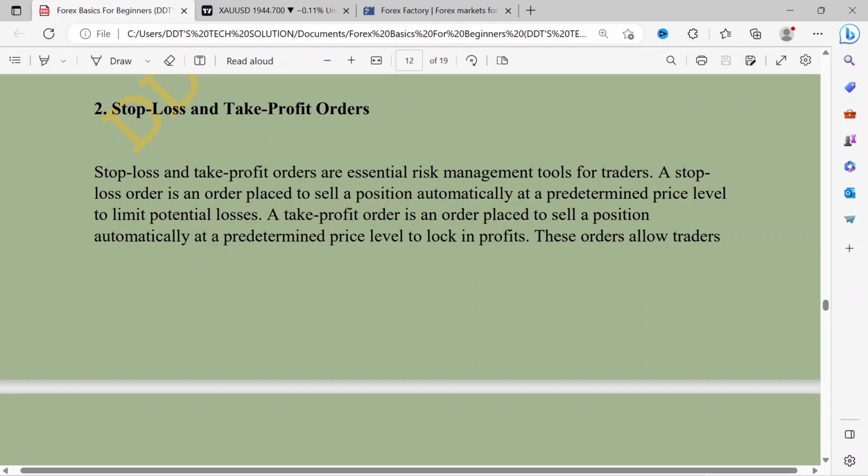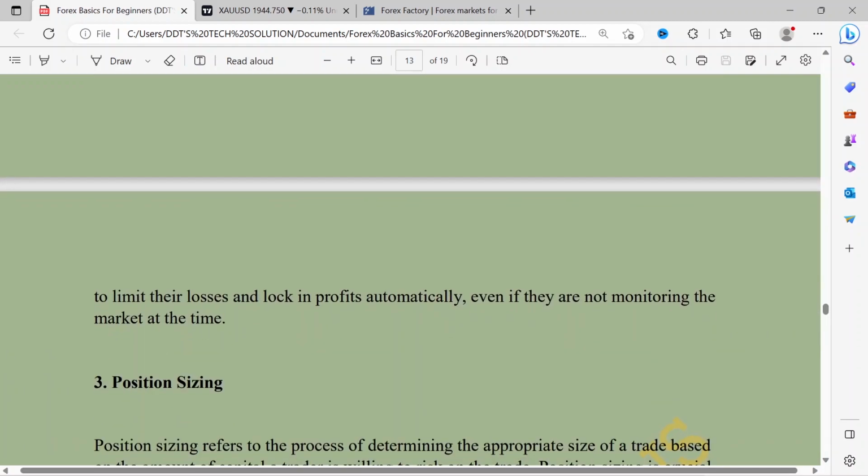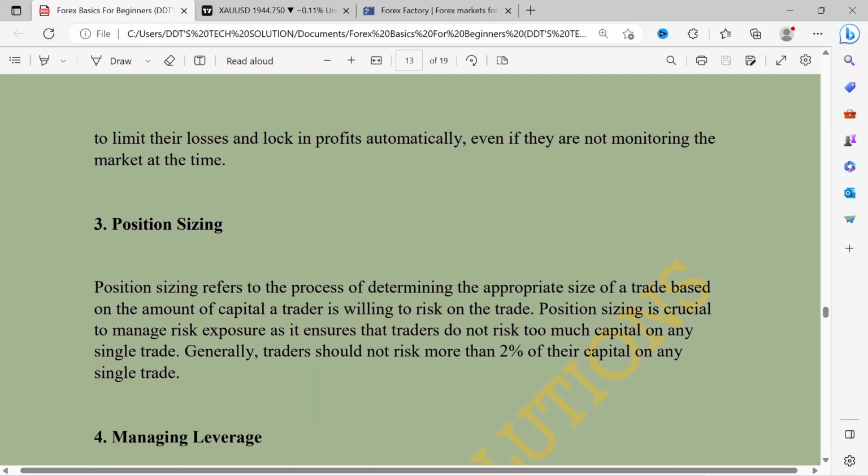Anytime there is a losing position, let's say the market is not moving in our favor, when we set a stop loss, it automatically closes the trade when the market hits that price, so we can save the rest of the capital in our trading account. Also, take profit automatically closes trades when you are gaining profit and you want to take profit at a particular price. So it will automatically take that profit and close the trade for you.